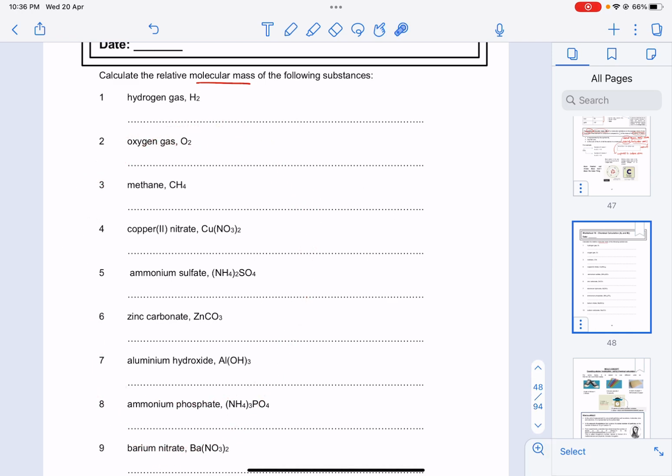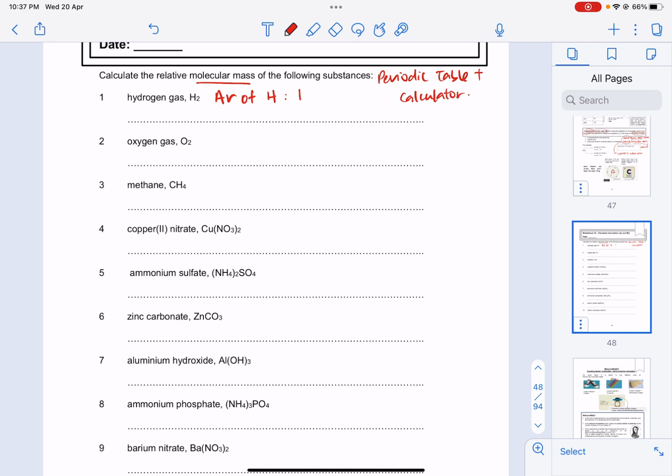Okay, so first you need your periodic table and you need your calculator. Now, so hydrogen, the AR of hydrogen. What is the AR of hydrogen? Look at your periodic table. The AR is 1.